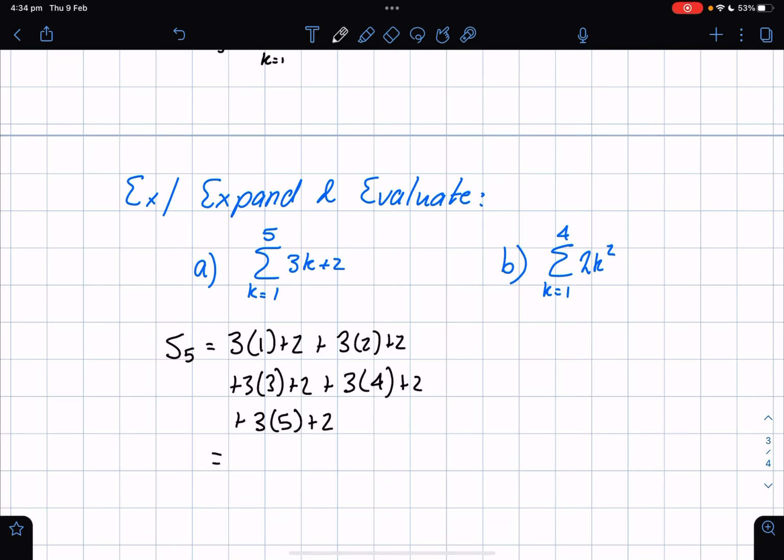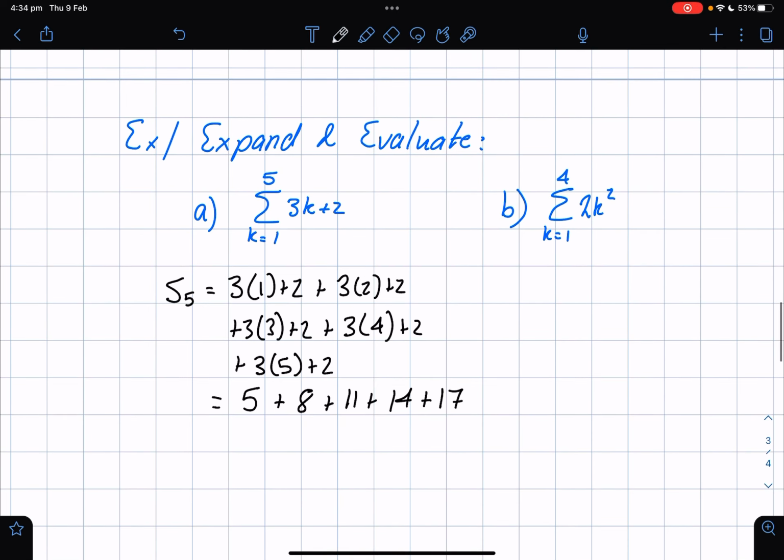All right, now we simplify where we can. So 5, then 6 plus 2 is 8, and then we got 11. So we're going up by 3 to 17. Now we add these together. So 5 plus 8 is 13, plus 11 is 24, 38, 58, add 7 is 65. Okay, so S5 equals 65.